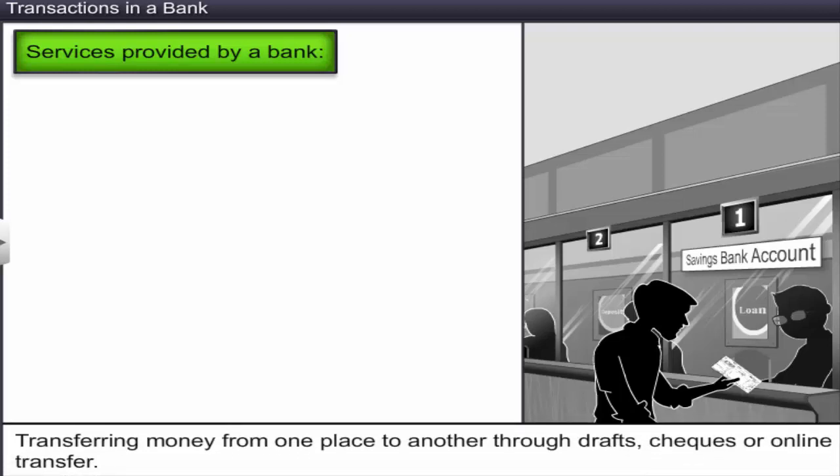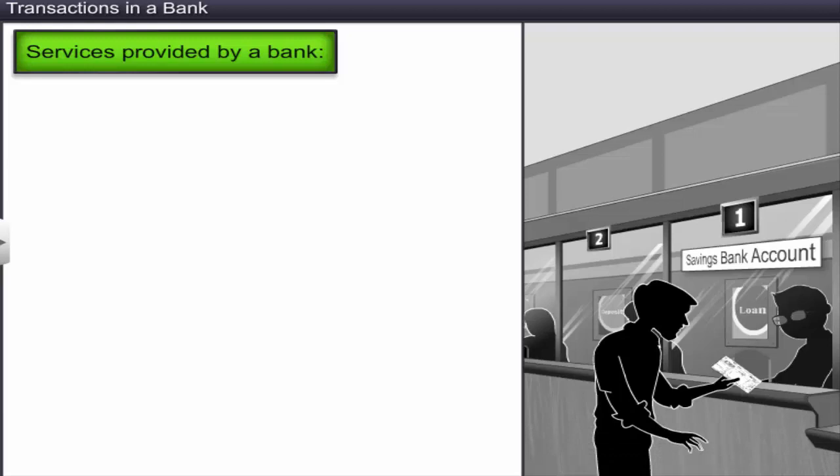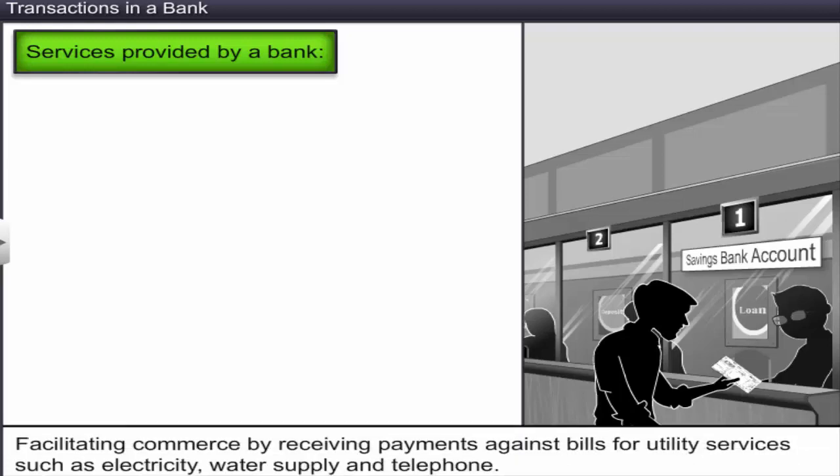Banks help transfer money from one place to another through drafts, checks, or online transfer. Banks facilitate commerce by receiving payments against bills for utility services such as electricity, water supply, and telephone.